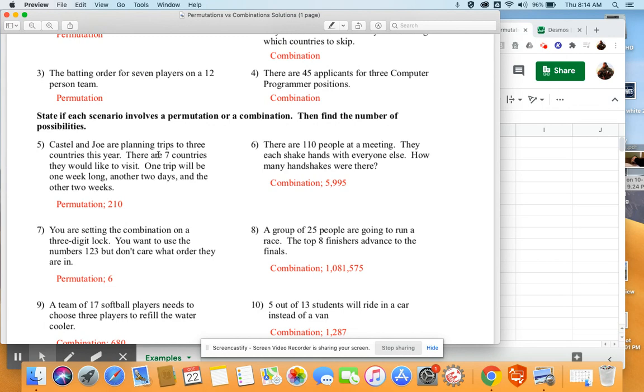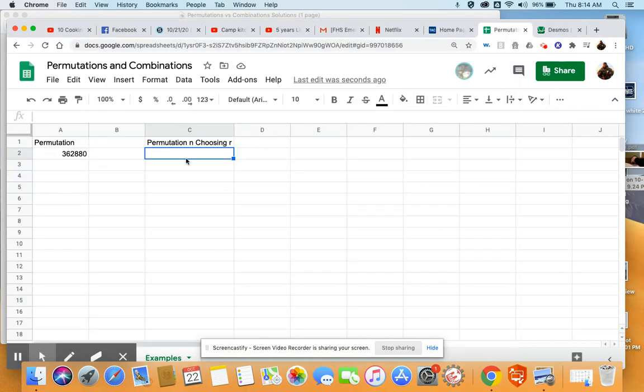So important things to note, we have 7 countries as options. We have 3 different trip lengths as being chosen. So we're doing a permutation where n is 7 and r equals 3. So the normal process to do this would be to do something like 7 factorial.